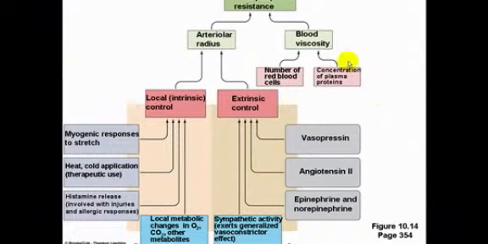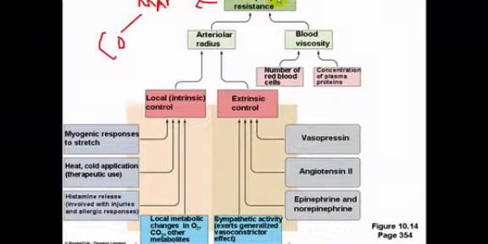Alright, so here's one of these concept flow maps that you're learning to love. So we're looking at just things that affect total peripheral resistance. Now remember, peripheral resistance then goes on to affect mean arterial pressure. And the other side of this whole map is cardiac output that we learned about last chapter. So this part is just looking at total peripheral resistance.